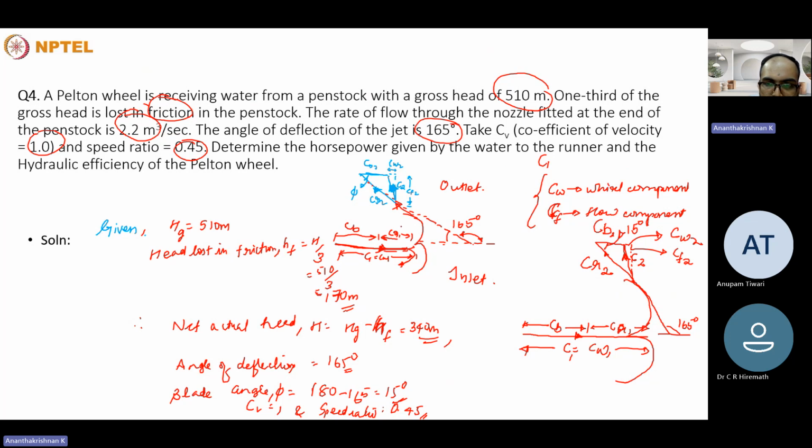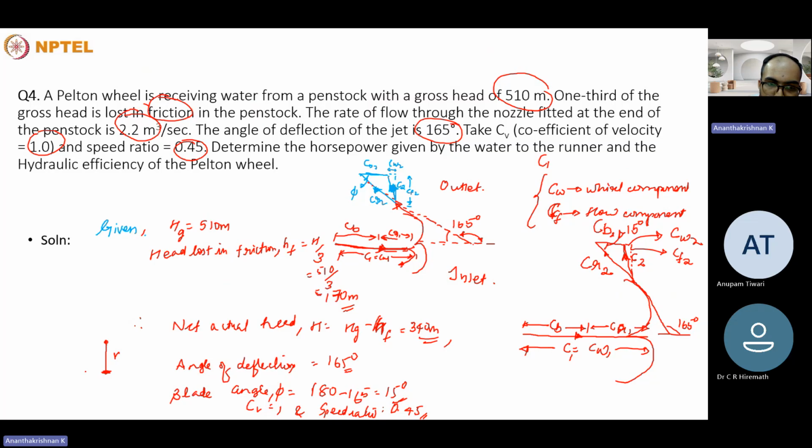If I try to draw this using a top view, this is the radial direction and this is the blade, and the entire thing I have drawn is into the plane of the paper.